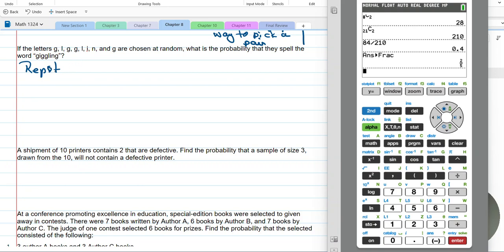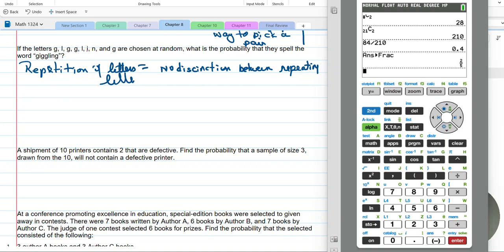That's an E. There is no distinction between repeating letters.